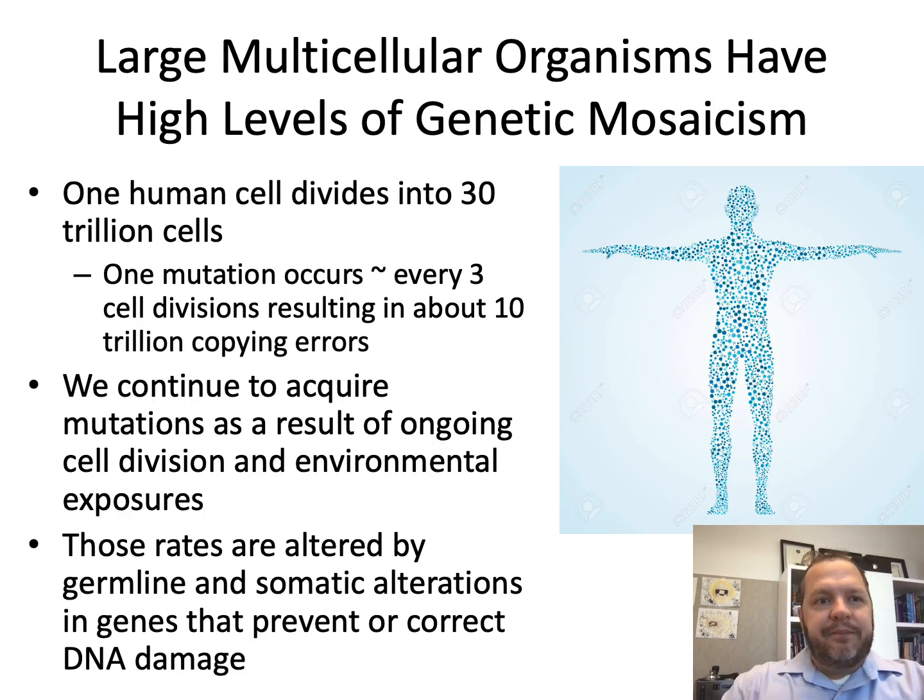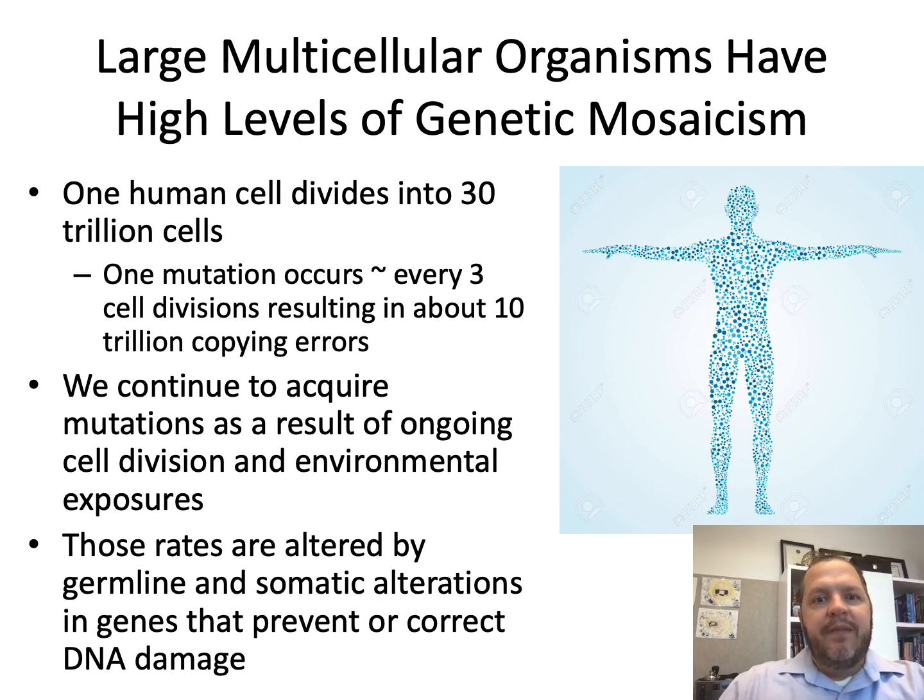I think what I've done really is just to step back and think a little bit about large multicellular organisms like ourselves, where we actually go from one cell into 30 trillion cells. And we know the mutation or copying error rate is about one error every 3 cell divisions.